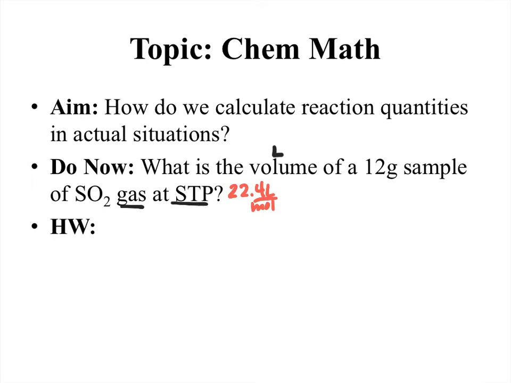So to do this question, we write down what we're given, 12 grams of SO2. We write down where we're going, liters of SO2. Now, how are we going to get there? We can't go directly from grams to liters. We have to pay the mole toll, so we have to convert 12 grams of sulfur dioxide into moles using the gram formula mass of sulfur dioxide.